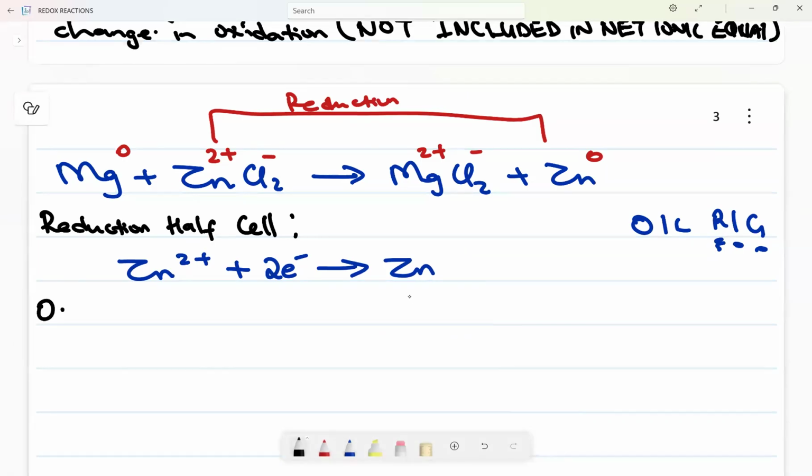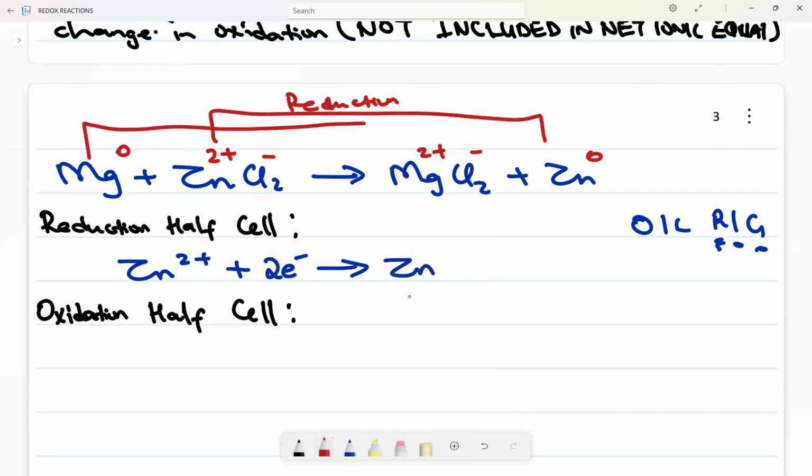Let's consider the oxidation half cell. Oxidation half cell, I'm going to say Mg to Mg2 plus, it underwent oxidation.